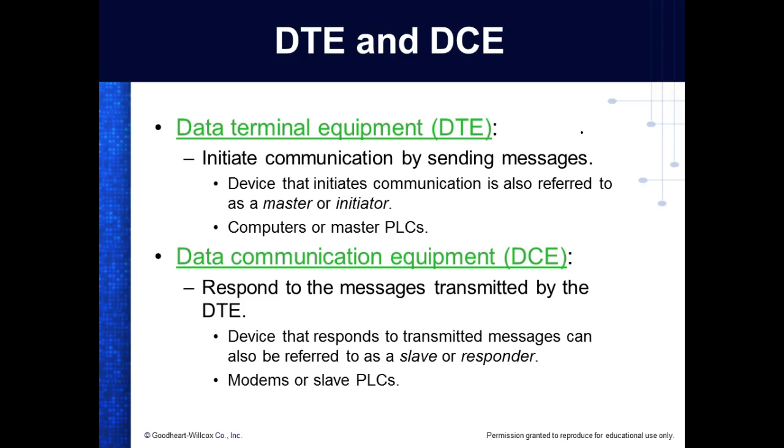A DCE is what the information flows through to get from DTE to DTE. So a router would be a DCE, right? A switch would be a DCE. A gateway would be a DCE, right? Y'all understand that? So all those would be DCEs. Now, what type of cable you have depends on how you connect these together.